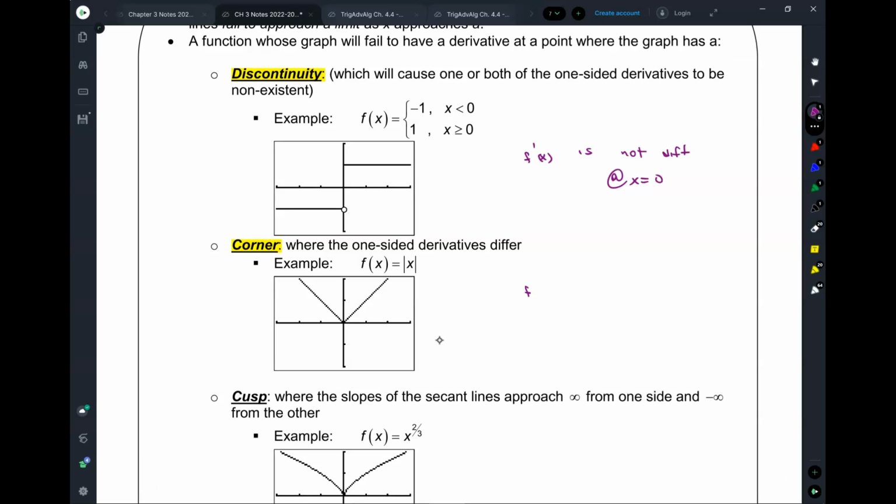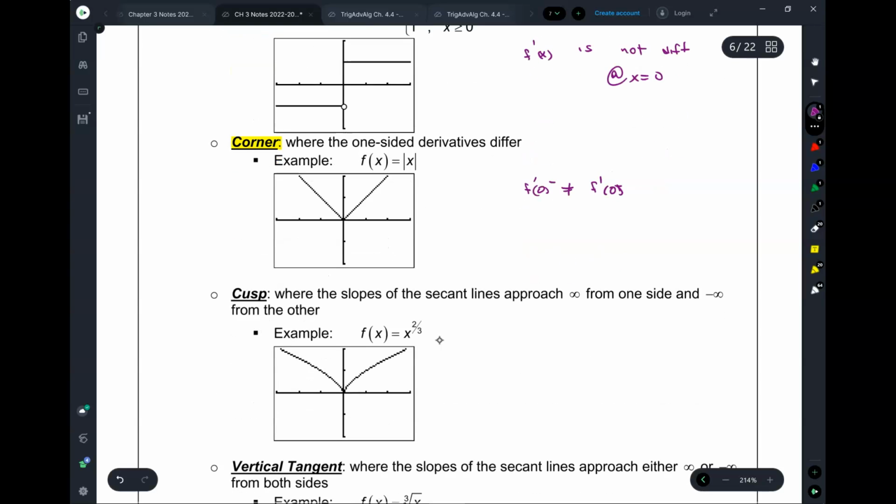You will see that every single theorem in calculus starts with "if a function is continuous, then." Here, f prime at 0 from the negative side is not equal to f prime at 0 from the positive side, so it's not differentiable.